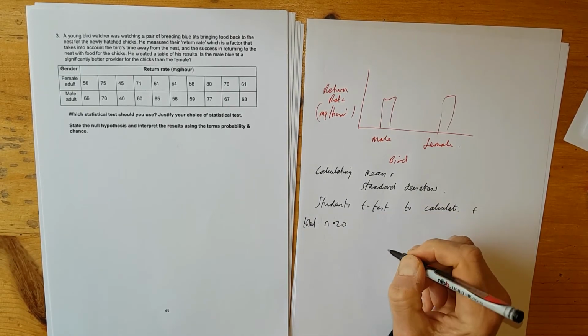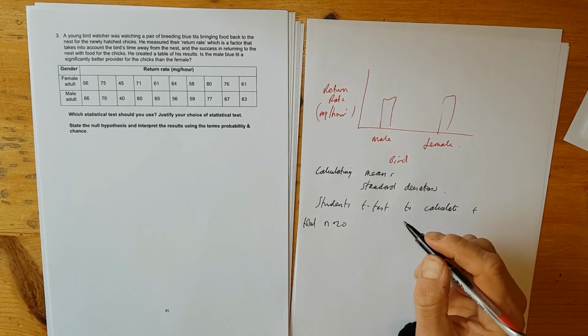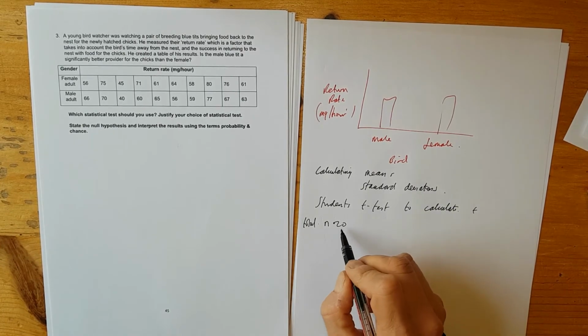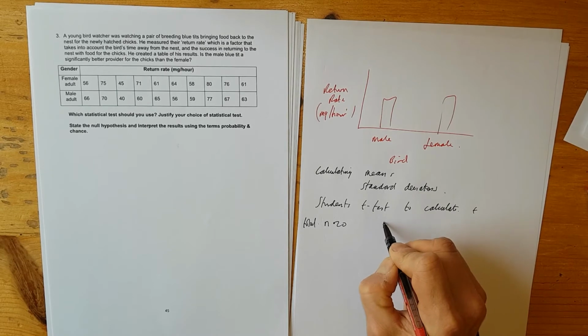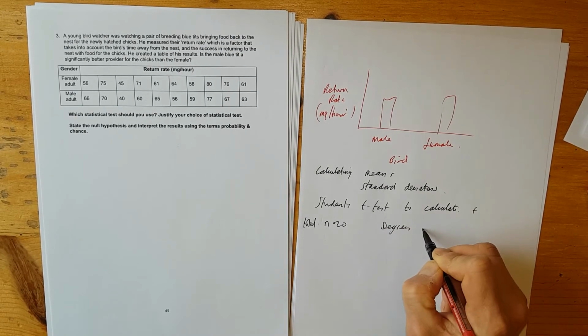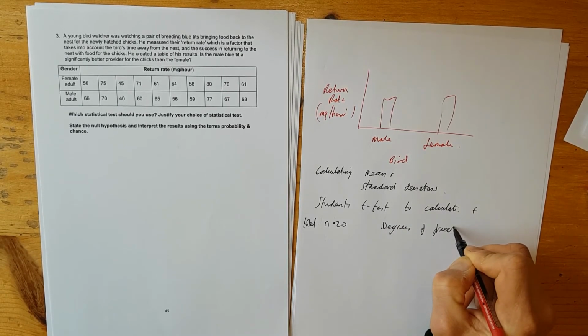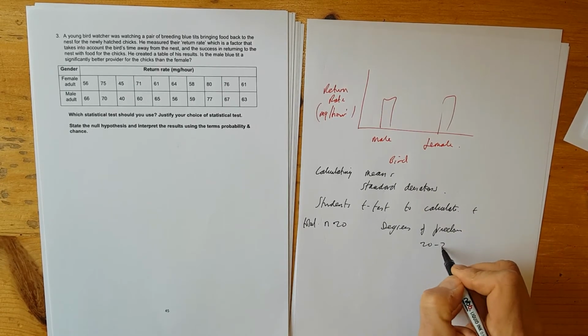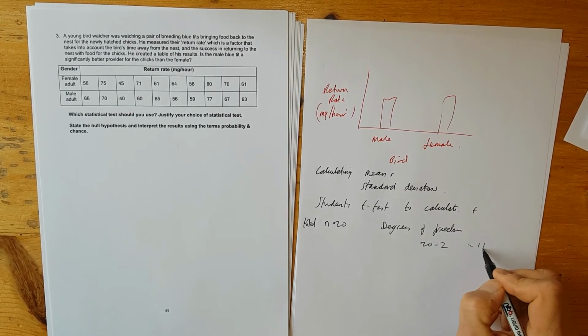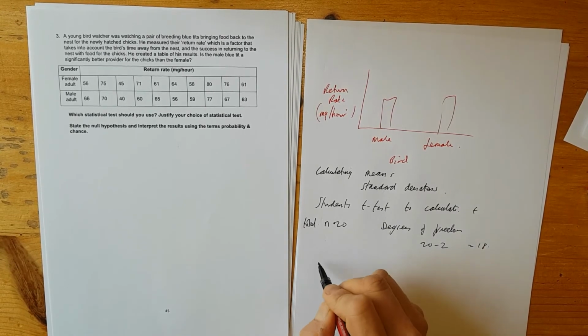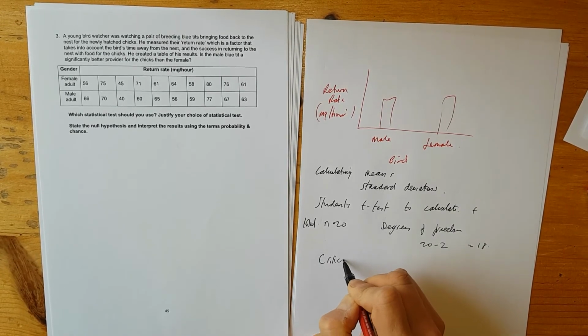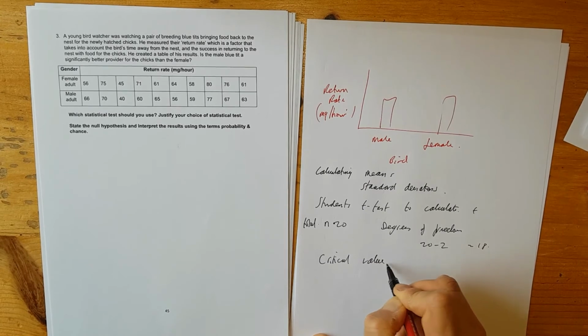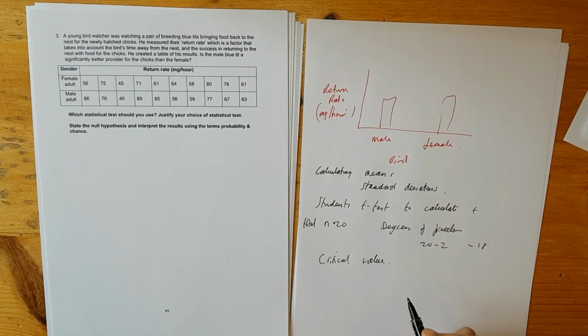So your degrees of freedom would be 20 minus 2 is 18. You'd use a chart to get your critical value using that degrees of freedom.